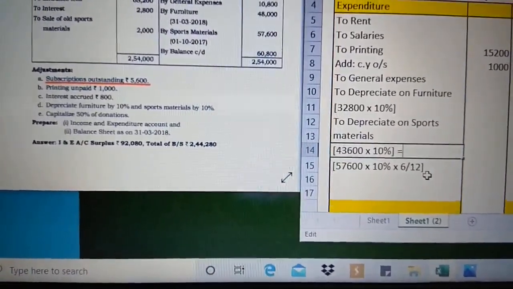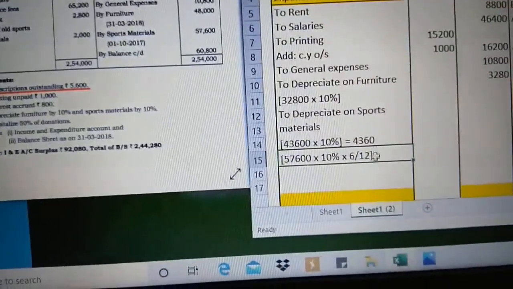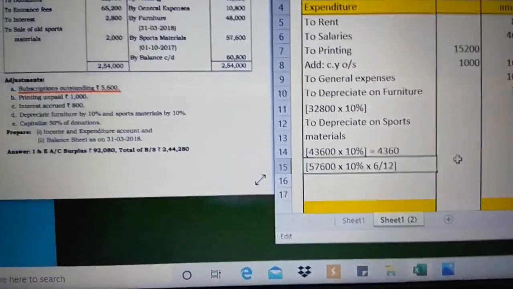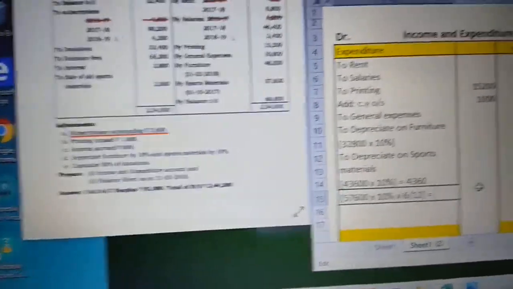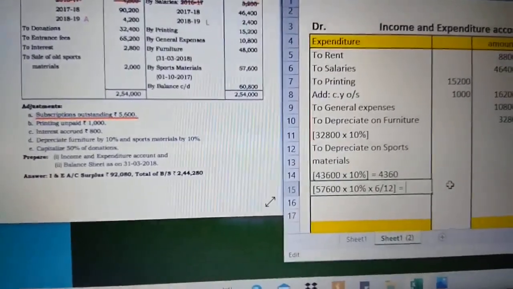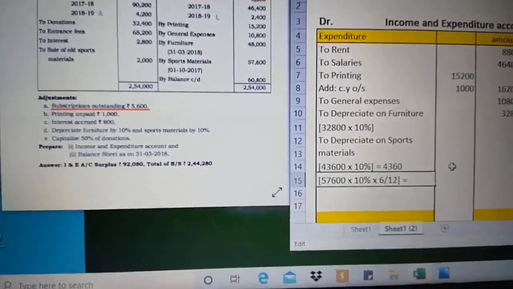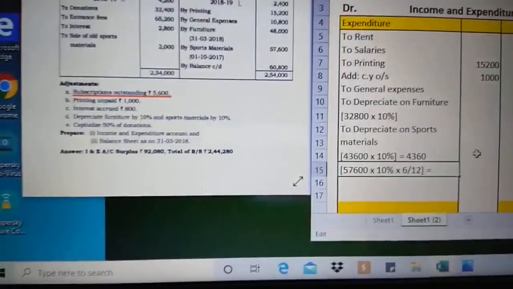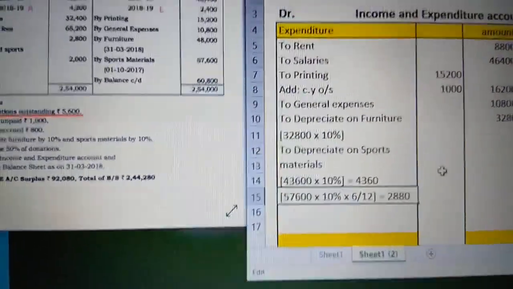I get 4,360 for the first and 37,600. For 6 months I get 2,880.